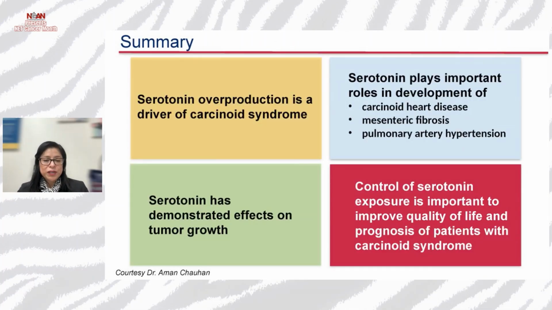So in summary, it's important to know that patients with small bowel neuroendocrine tumors and some lung neuroendocrine tumors may produce this excess of serotonin. This excess of serotonin is a driver of carcinoid syndrome. It plays an important role because, as we discussed, it can be responsible for the development of carcinoid heart disease as well as mesenteric fibrosis.